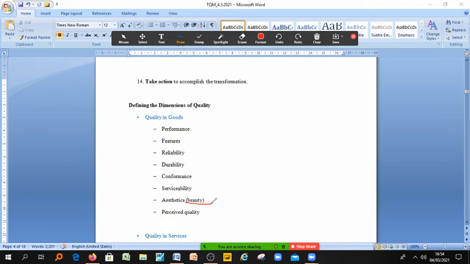And then perceived quality. Now with perception, perception is like thinking. What I think about you is what I perceive about you. Perception is like a mindset of quality.